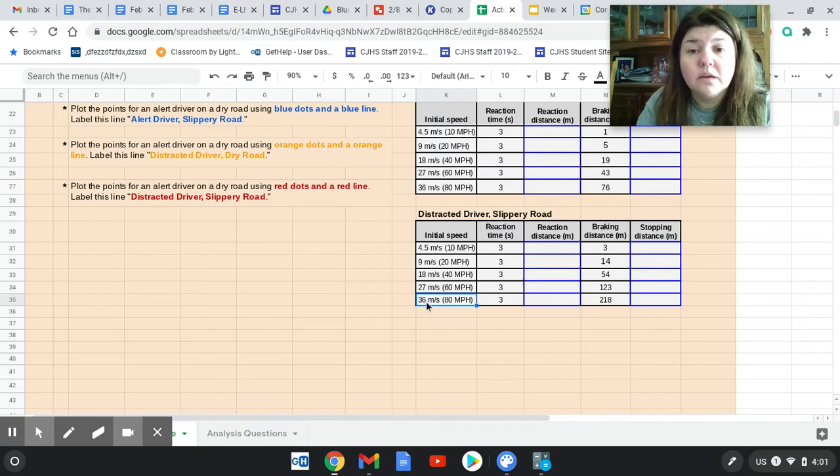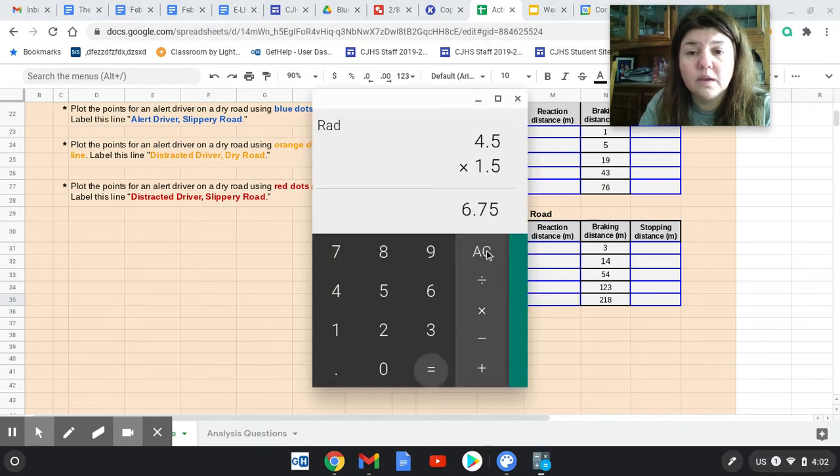Okay. So to calculate, you first have to calculate the reaction distance, and you're going to do that by multiplying the speed times the reaction time. So that is going to be 36 meters per second, which is equivalent to 80 miles per hour, times 3 seconds as a reaction time because the driver is distracted.